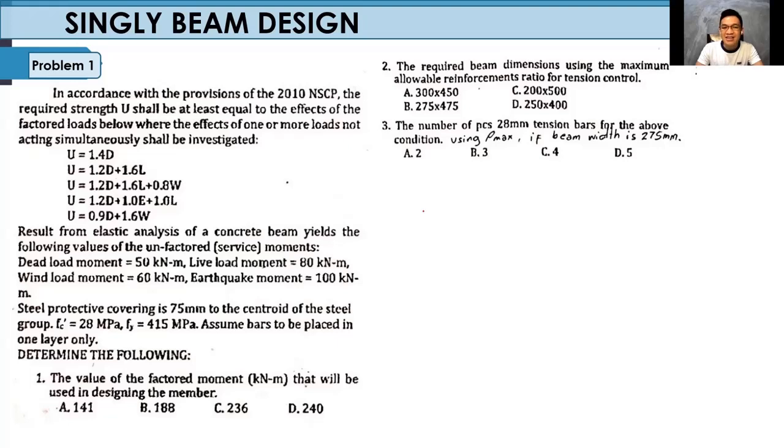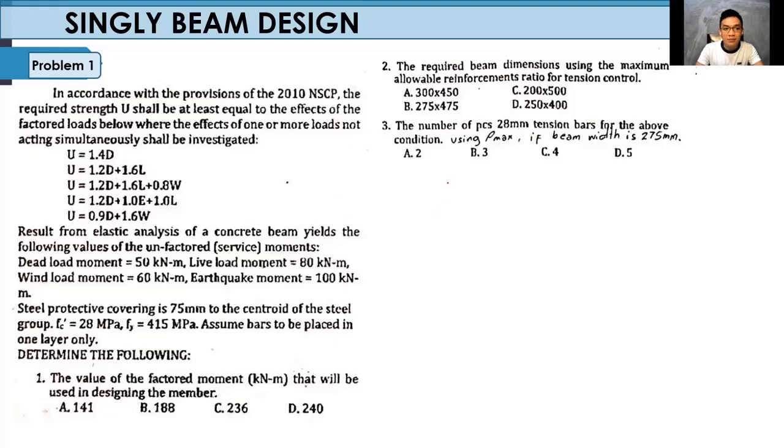And earthquake moment natin is 100 kilonewton meter. So steel protective covering is 75 millimeters to the centroid of the steel group. So FC prime natin, yung strength of our concrete is 28 megapascal. And Fy natin is 415 megapascal. Assume bars to be placed in one layer only.